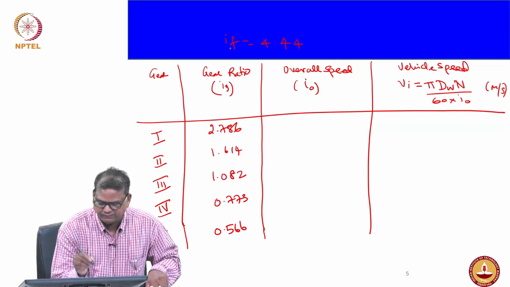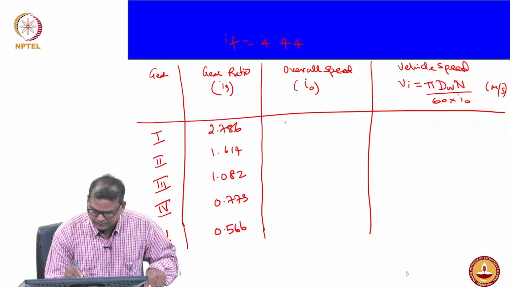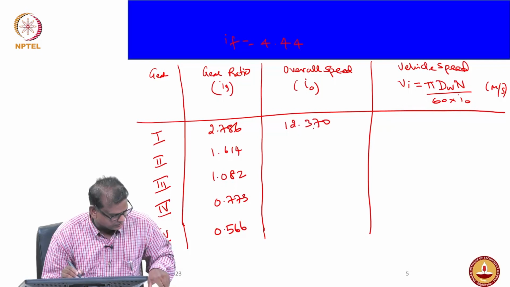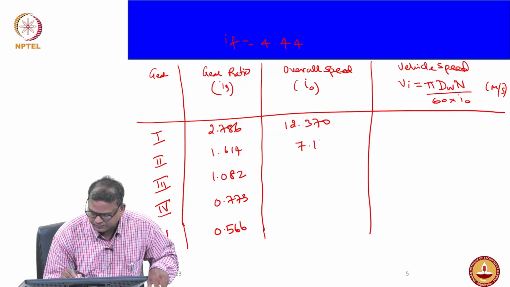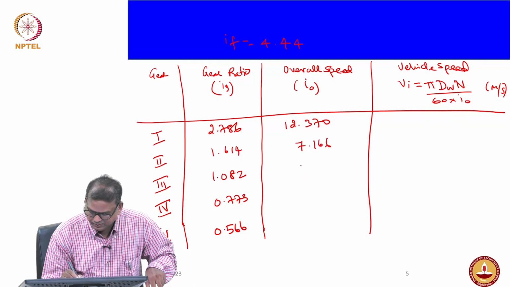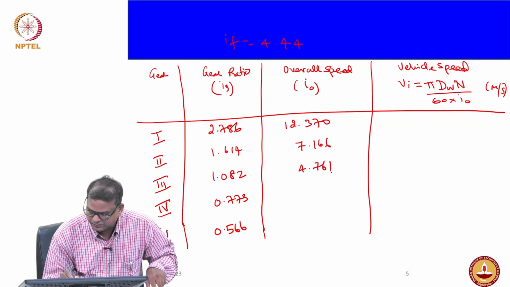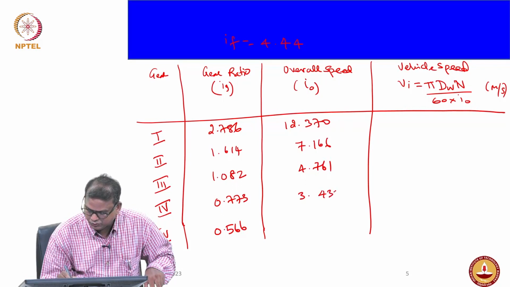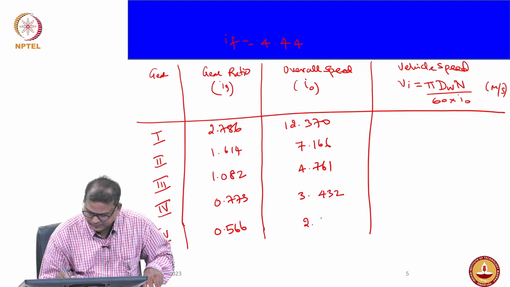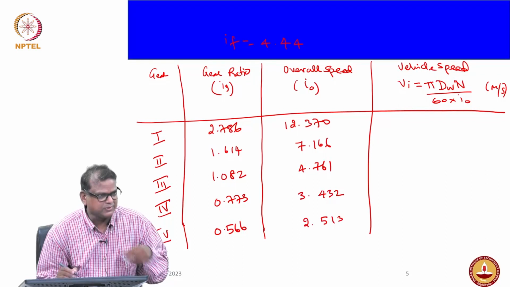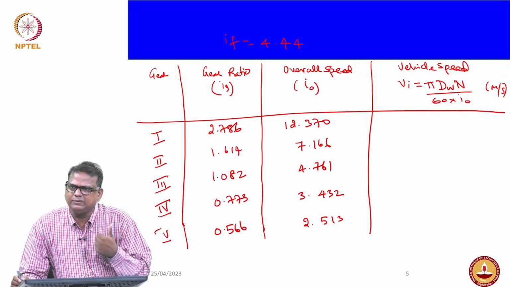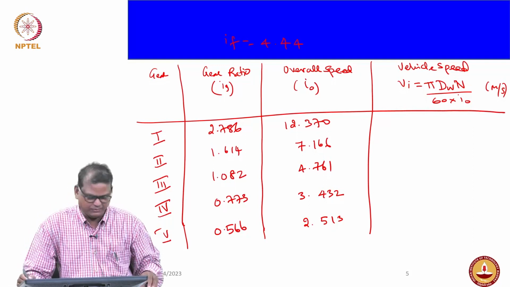This is your final drive ratio. So with that we got 12.37 as the overall ratio, then 7.166, 4.701, 3.432 and 2.513. Of course, the reverse also exists, but we are considering mostly the forward speeds, not the reverse speed.